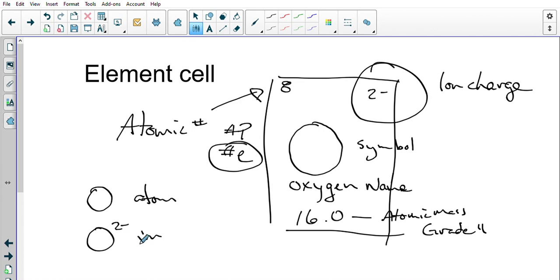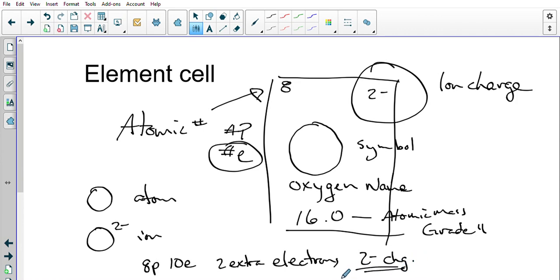And the idea of having 2 negative means that there are 8 protons, and there's always going to be 8 protons, but in this case, there would be 10 electrons. And so because we have 2 extra electrons, and electrons have a negative charge, then we have a 2 minus charge.